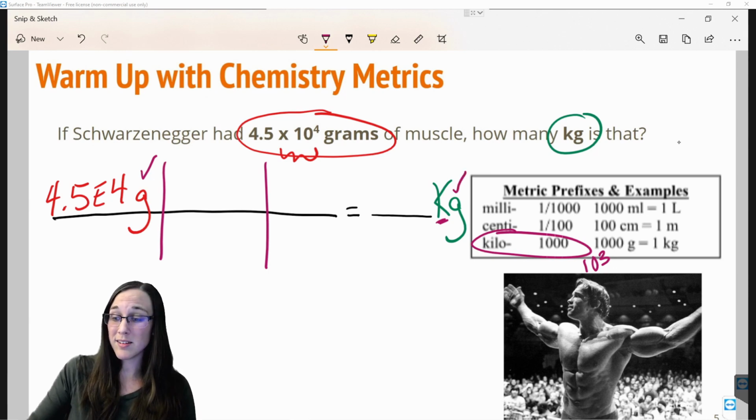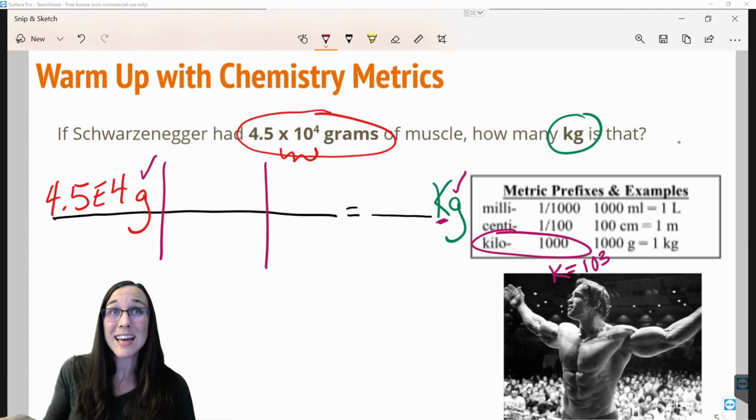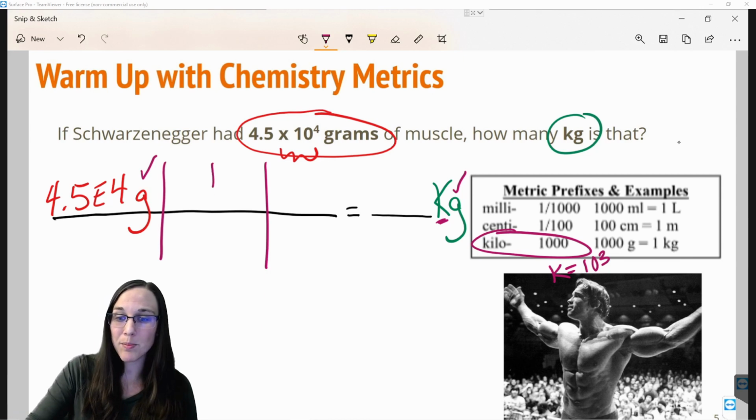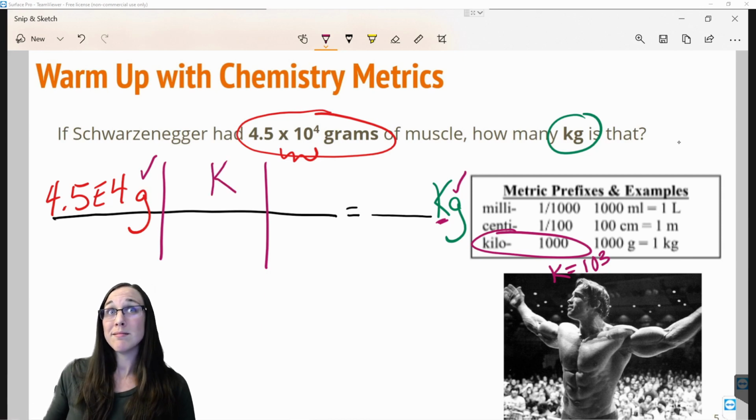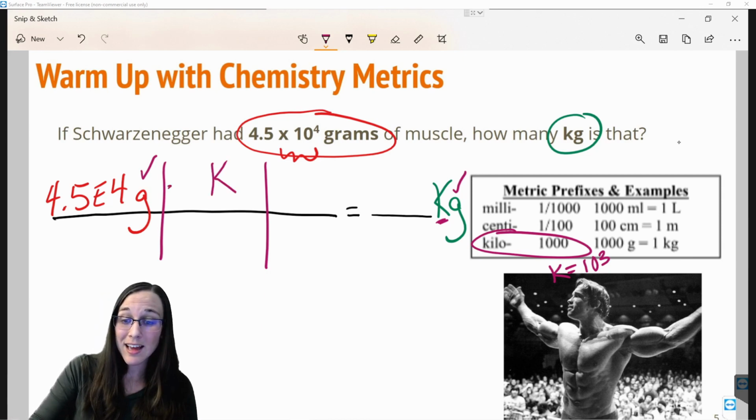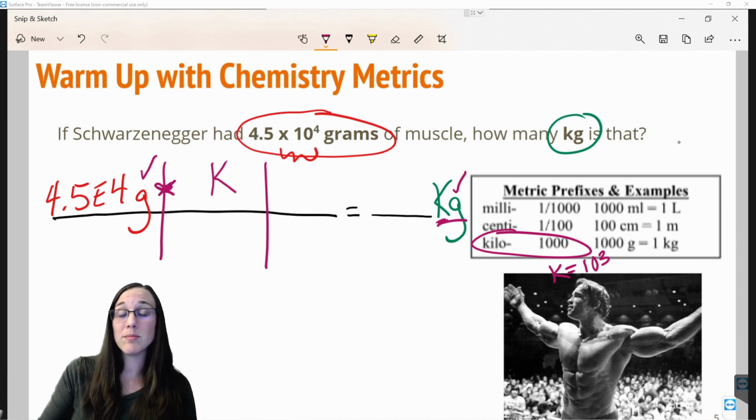Cool. Well, K is literally 10 to the power of 3. That's a kilo. Kilo is 10 to the power of 3. So if I want units of K in my end product, I'm going to put a K on top. Because K times G gives me kilograms.